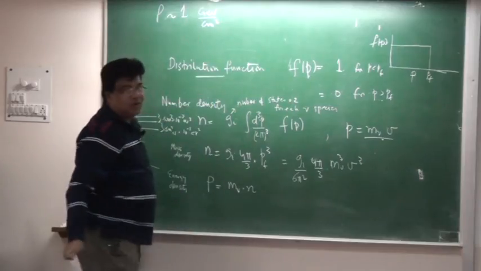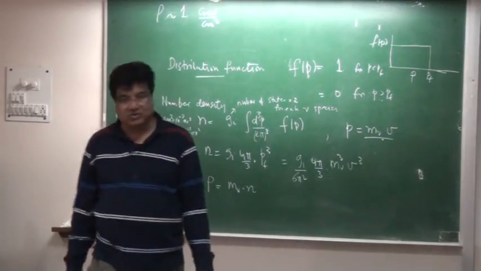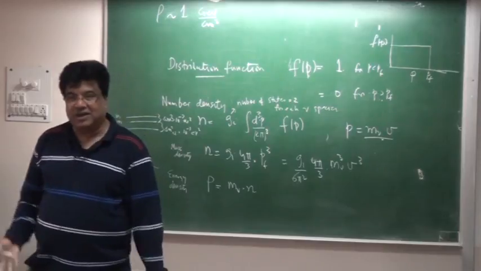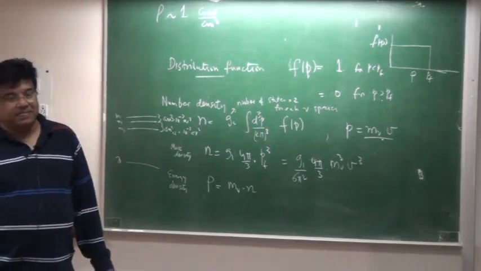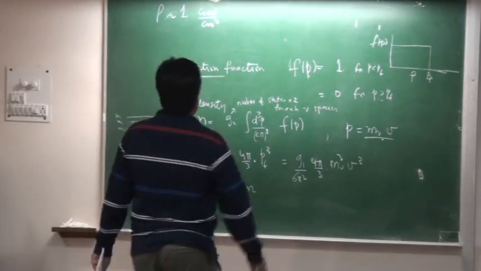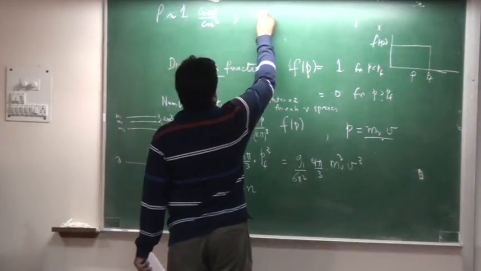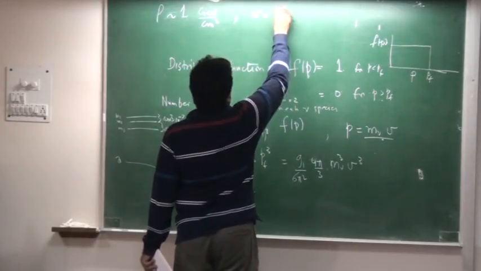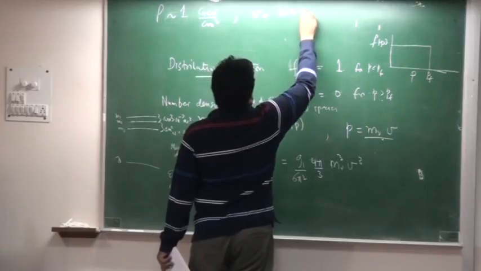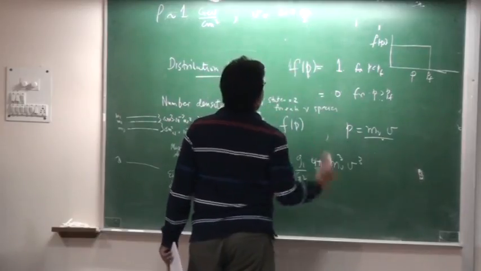You can take 0.3 or 0.4 or whatever, some number close to that. So this is a reference number for the density of dark matter. The velocity is 220 kilometers per second.